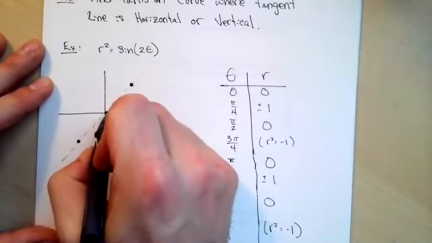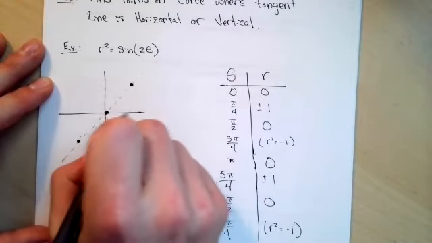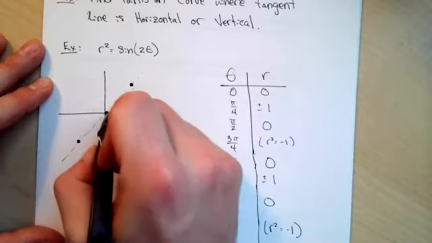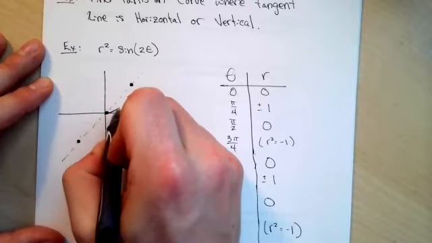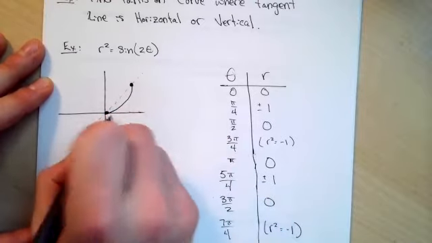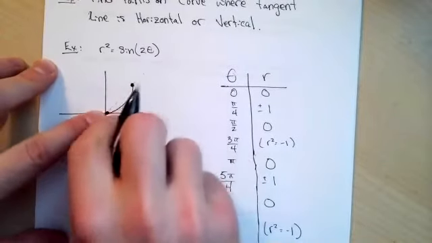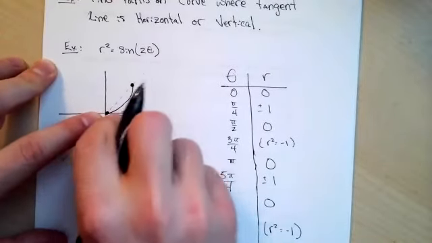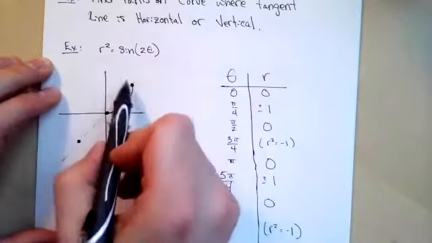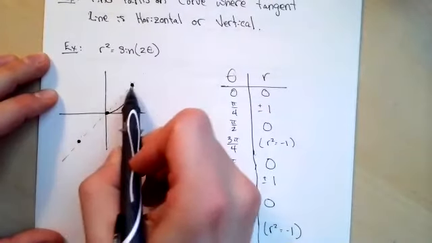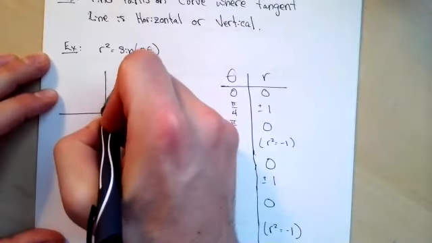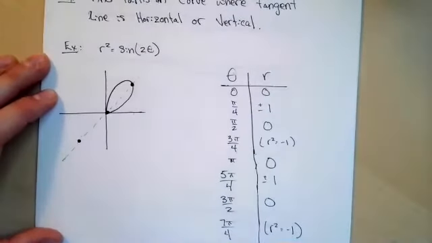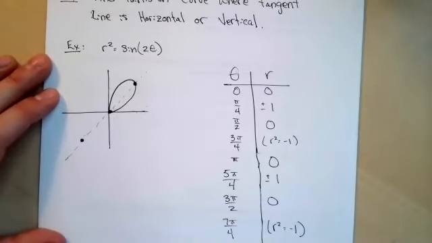So far the curve starts here, pointing along the positive x-axis. As the angle increases, the angle is rotating and the radius is growing, and as the angle rotates more, the radius shrinks back to 0. So it's going to look like a clover leaf.